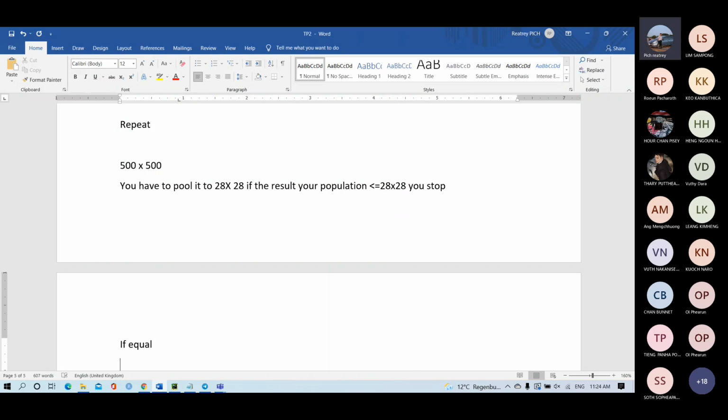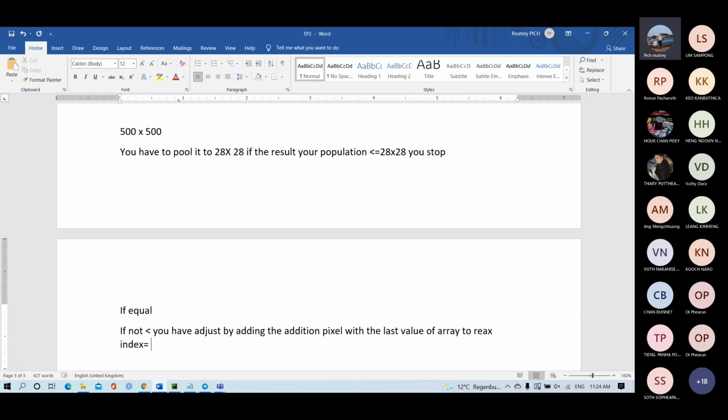But if it is less than that, you have to adjust by adding additional pixels with the last value of the array to reach an index equal to 28 multiplied by 28.